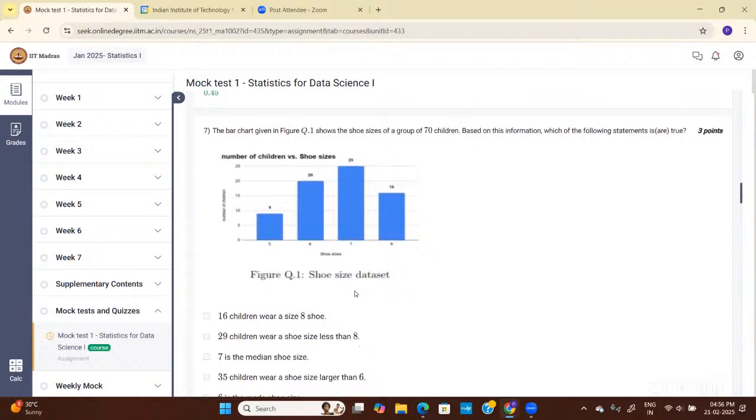Next is the bar chart given in figure Q.1, which shows the size of a group. Madam, sorry to interrupt. If a similar question comes in a similar manner, then we can close our eyes and select the same answer, right?